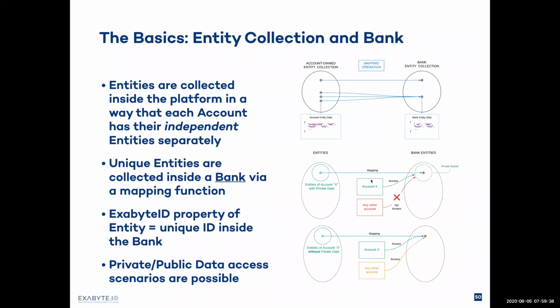And in that case, any entity that is created inside the bank as a copy of the collection entity will not be accessible by any other account. So there will be direct mapping between these two entities, and no other account will be able to see this one inside the bank. When there is no private data access enabled, all other accounts are able to see the entities, and this is a way for us to facilitate the dissemination of the data, that data share.